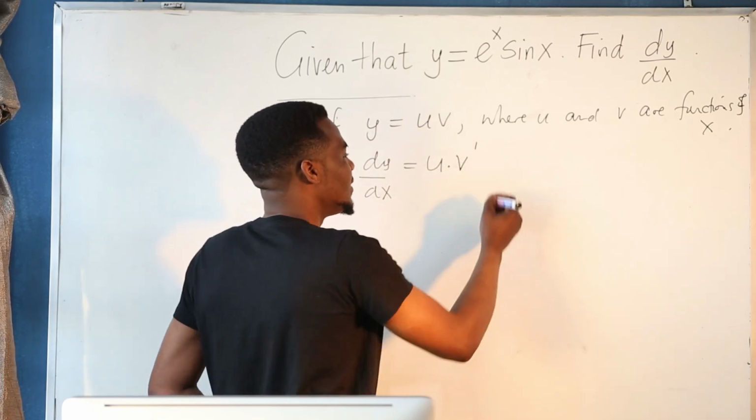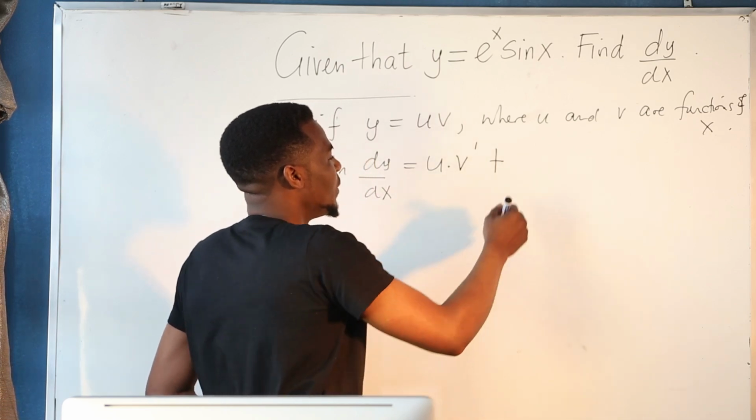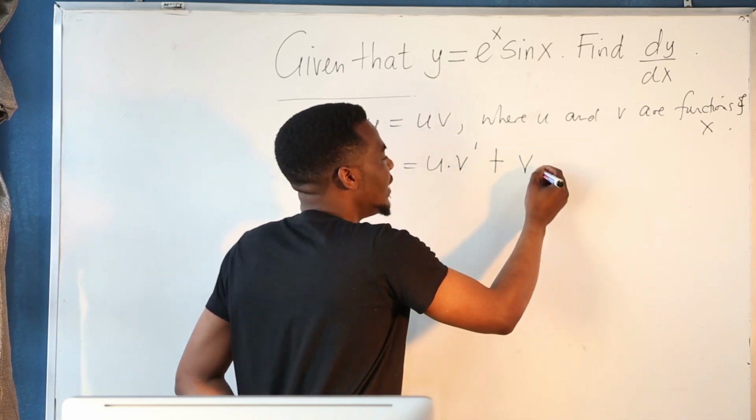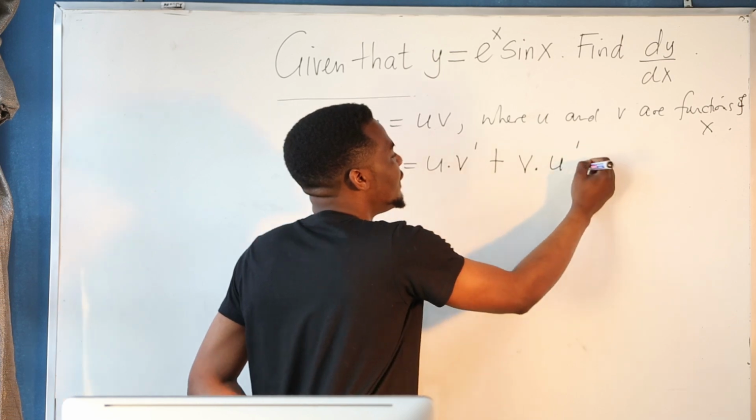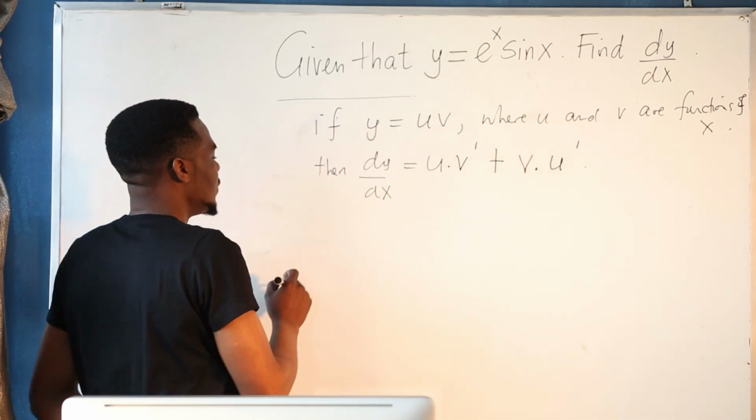Then we add, and we also keep the second function and multiply by the derivative of the first. So this is what we are going to do here.